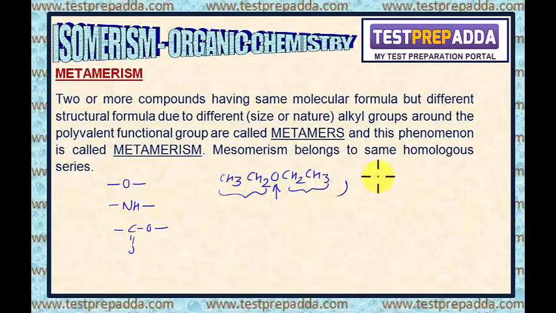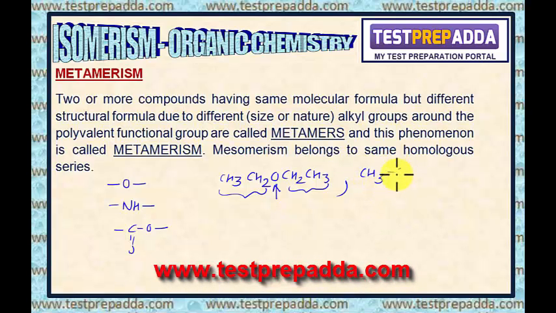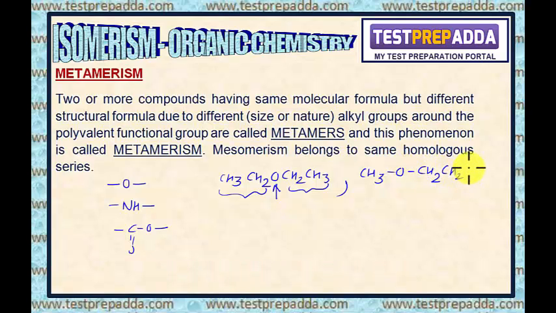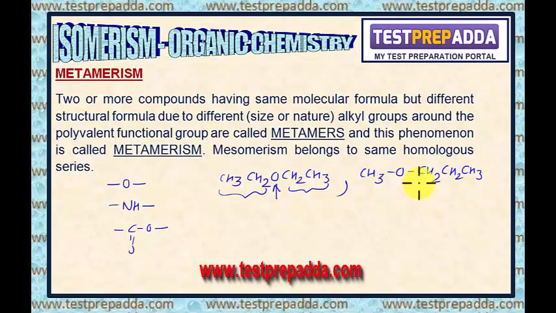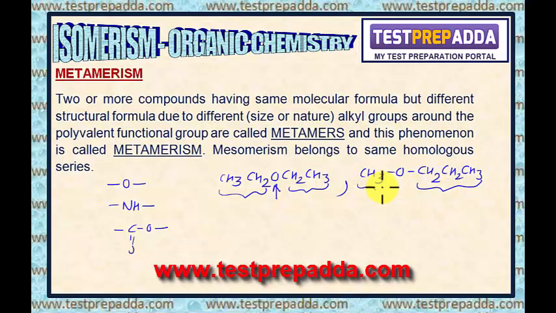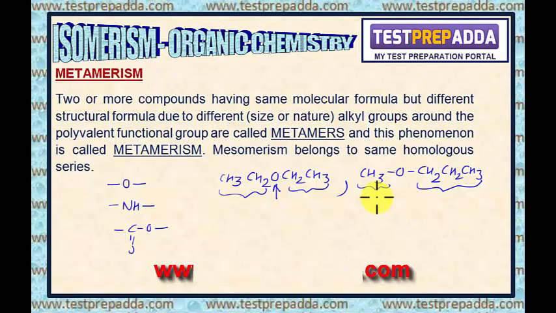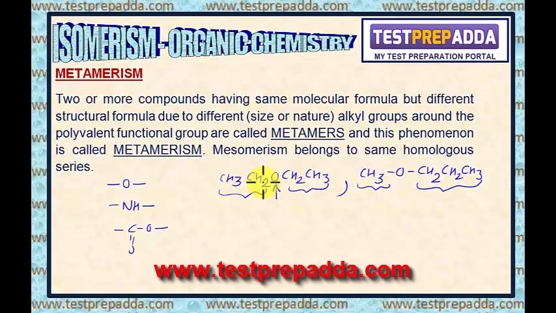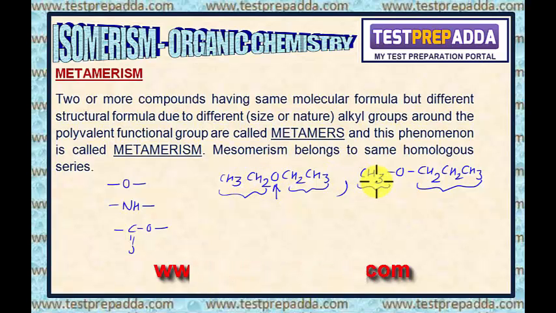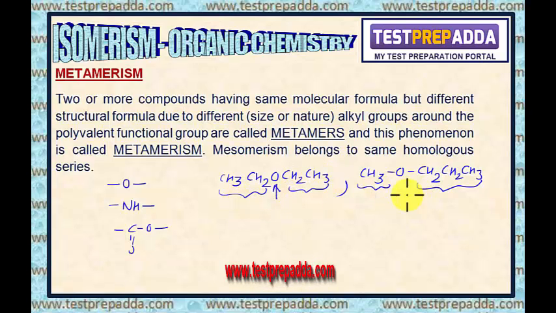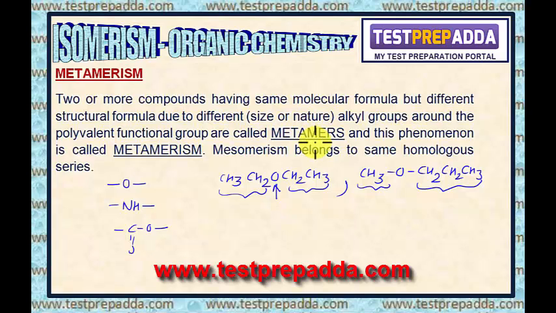Now, if I write another isomer of same molecular composition, where one side I am keeping methyl and one side I am keeping propyl. This is propyl, this is methyl. You can see around the polyvalent functional group, difference is in alkyl groups. So these two will be considered as metamers.